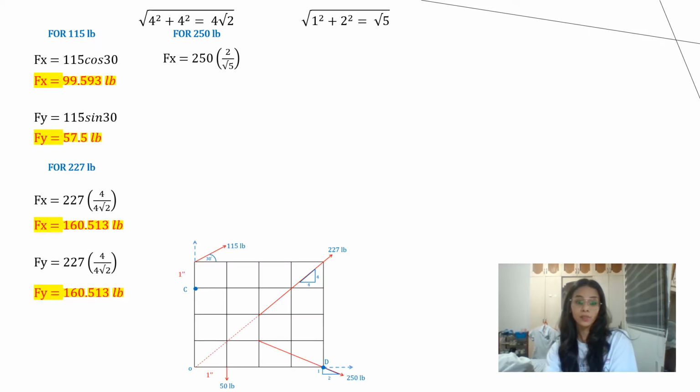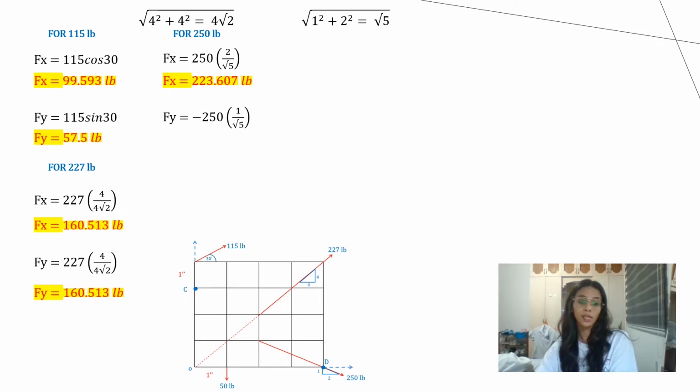For our Fy, it is negative since the line of action is pointing downwards.